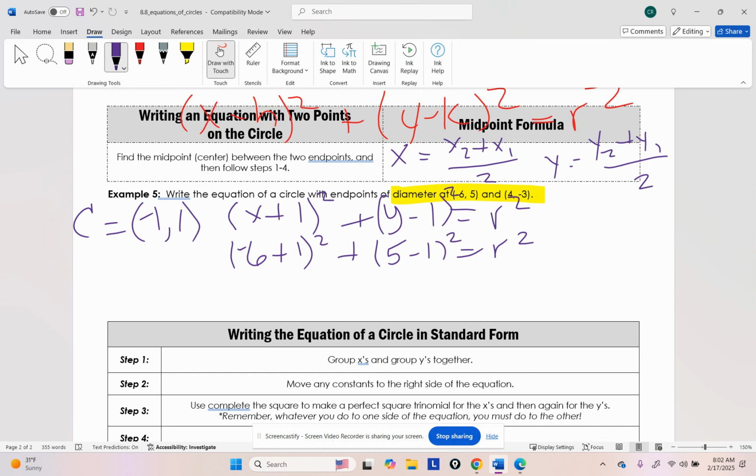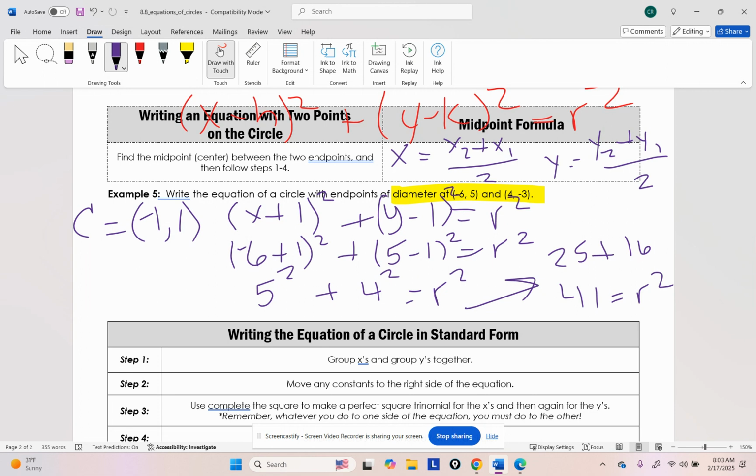Negative 6 plus 1 is -5, and -5 squared gives me 25, plus 5 minus 1 is going to be 4 squared, and that's going to equal r squared. All right, so I'm finishing it over here. 25 plus 16 is going to equal 41, which equals r squared. So 41 is your r squared.